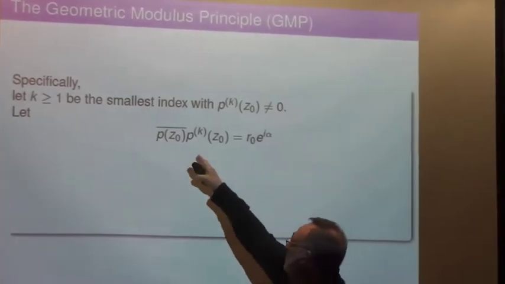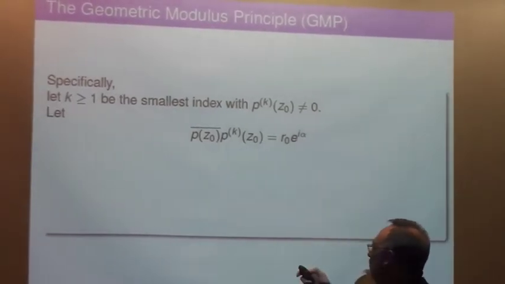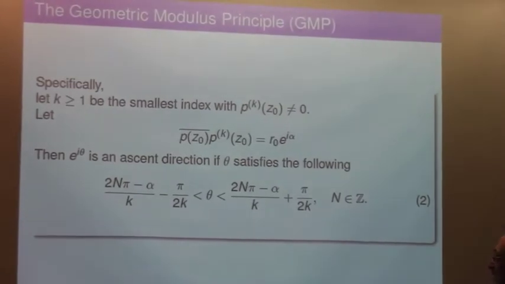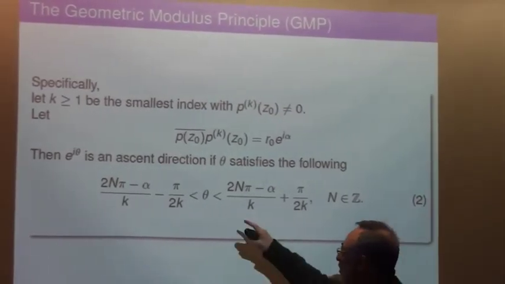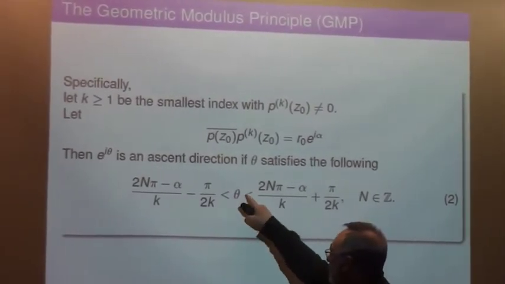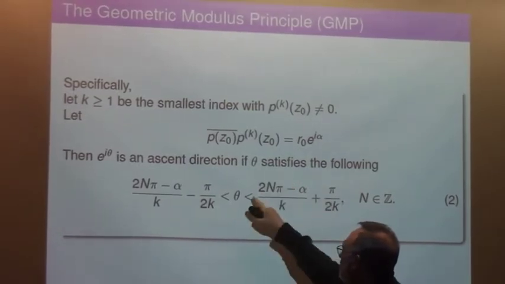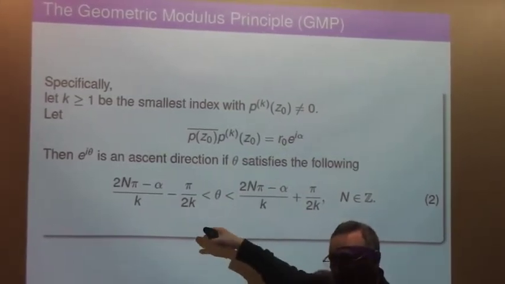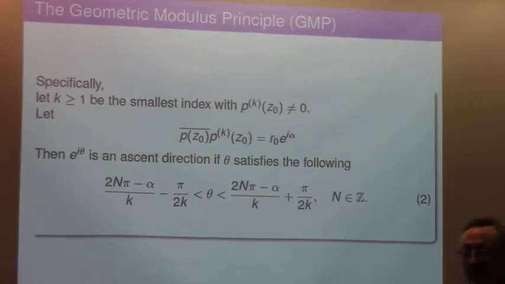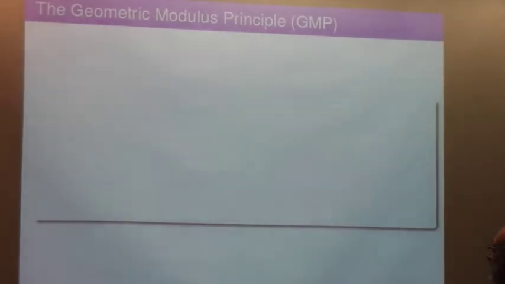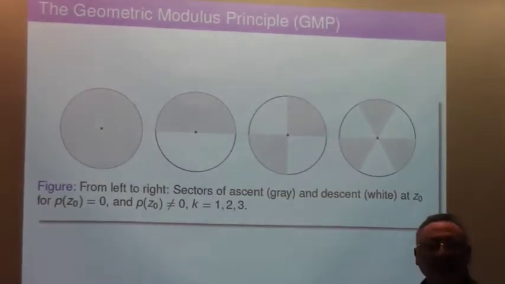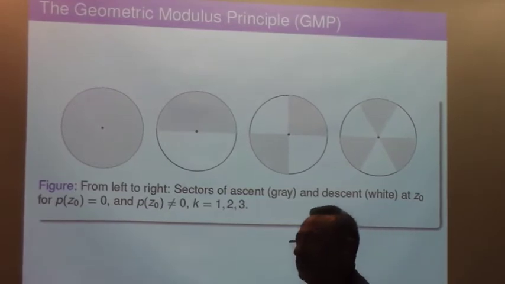You form this number, write it in polar form, and e to the i theta is an ascent direction if it lies between these two. Never mind the details, I'll show you a picture. In picture, this is what the polynomial looks like.